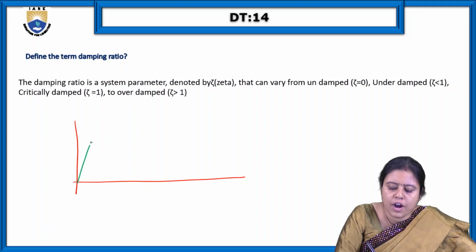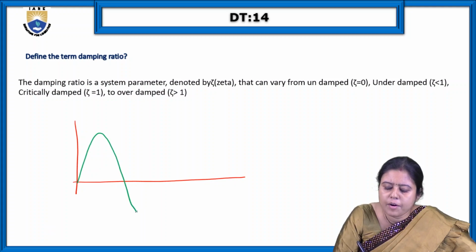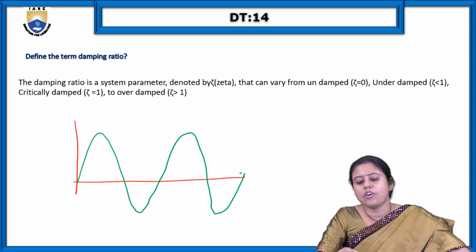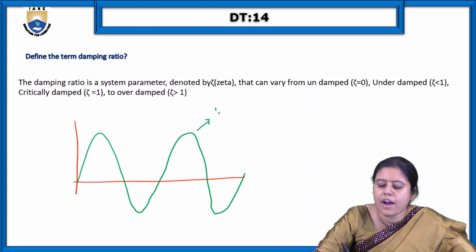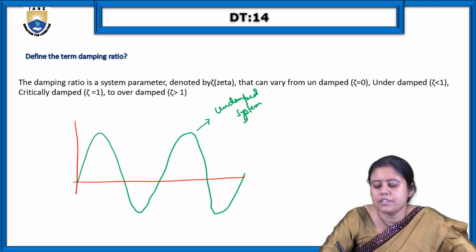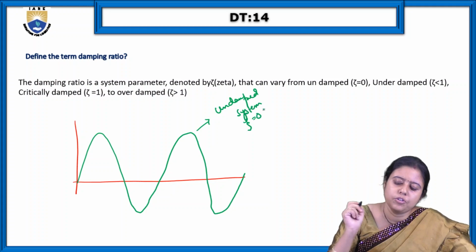It will show a simple harmonic motion. So this is called the undamped system, and for the undamped system, zeta is equal to 0.